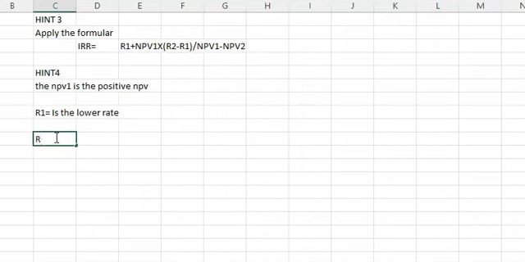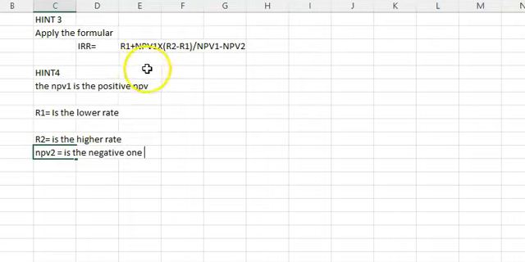R2 is the higher rate. Now I think you can justify what I say. NPV2, let's address that one as well. NPV2 is the negative one.